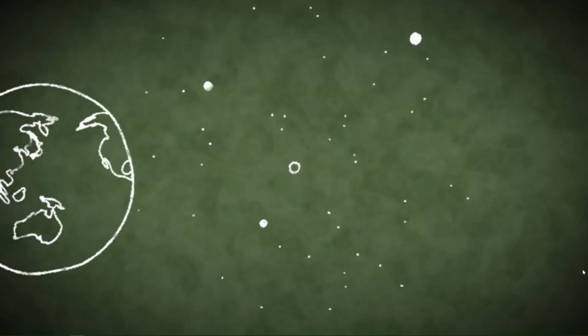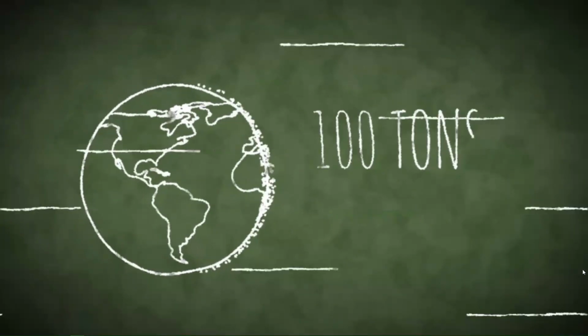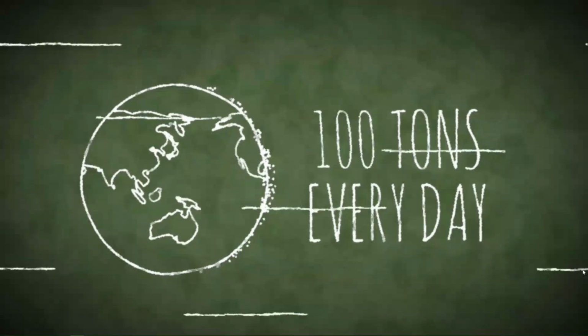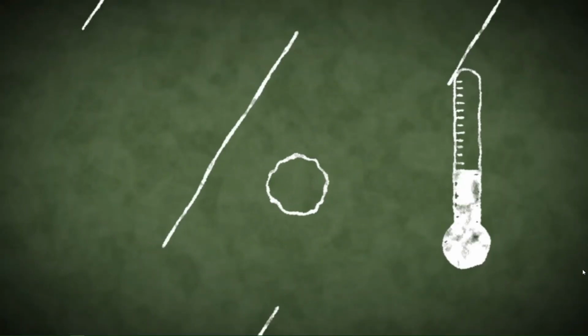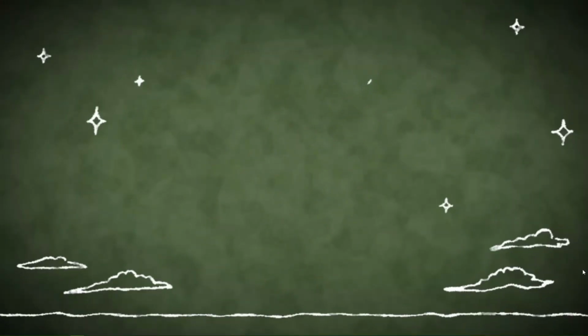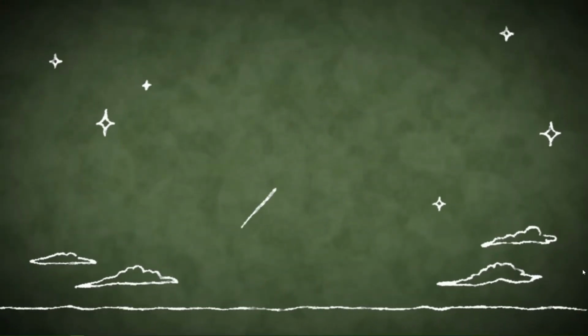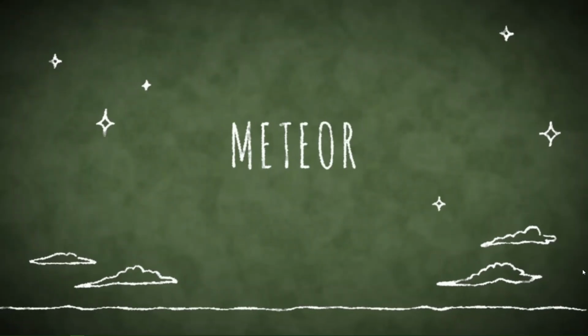Earth sweeps up this debris in its orbit about the sun all the time, collecting about 100 tons of this material every day. Passing through denser and denser layers of our atmosphere, these particles heat up, reaching thousands of degrees Fahrenheit and incinerating high above the ground. This causes the brief streak of light known as a shooting star, or more properly, a meteor.